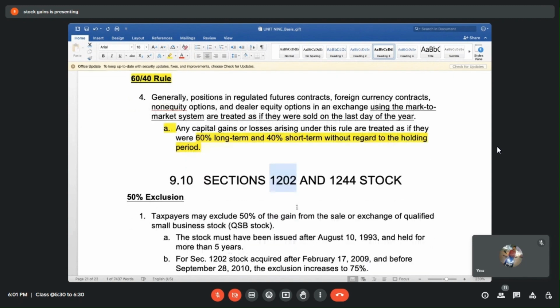QSBS. Okay, that's again very important because a lot of our startups take benefit of that, or at least they plan their exit in a way that they should get 1202 benefits. This is how practical it is. It is not something that is just put up there and people hardly take advantage of. 1202 is a very important section, and it has really boosted the startup industry in the US.